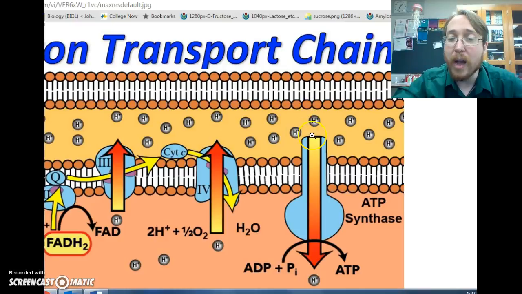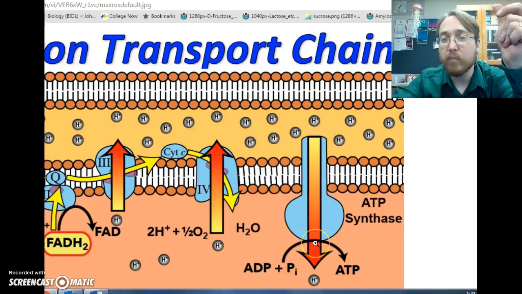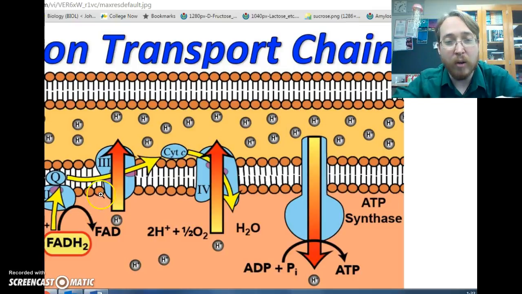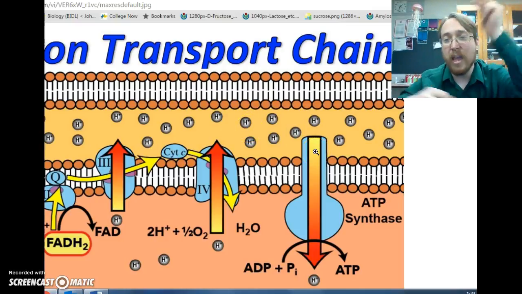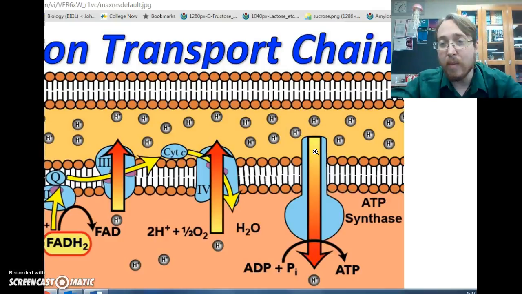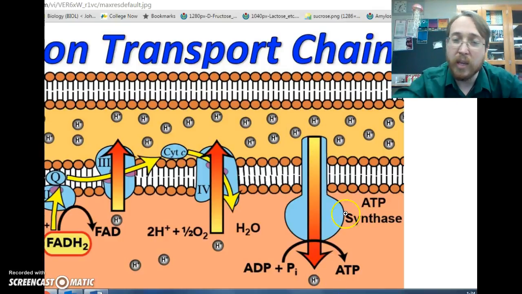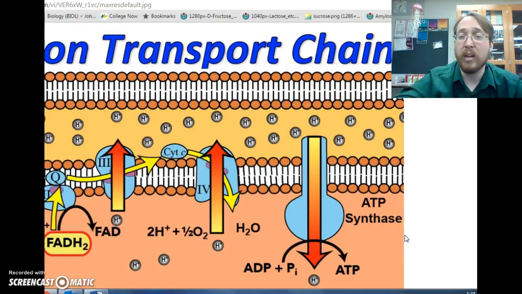So every time a hydrogen passes through this, ATP gets made. And since we have been using the electron carriers to trigger these pumps to pump a ton of hydrogen out there, we get a ton of hydrogen coming in through facilitated diffusion. So ATP, ATP, ATP. Every single time that hydrogen comes in, we get ATP. This miraculous dual action protein is called ATP synthase. It's a protein that builds ATP. That's what that name means.